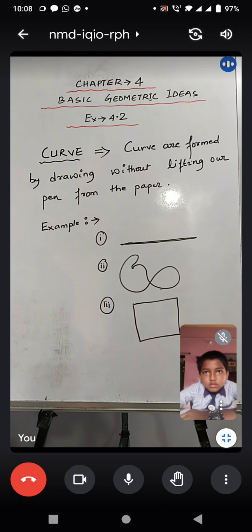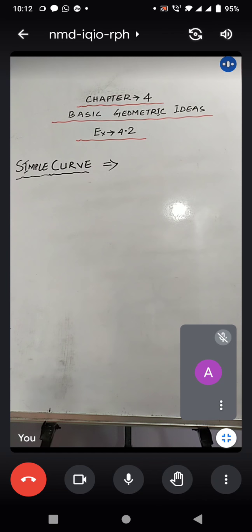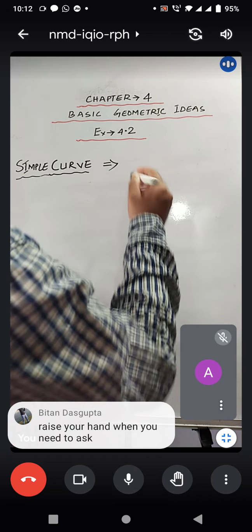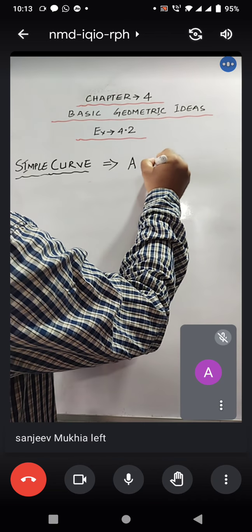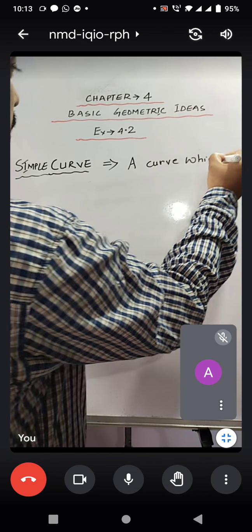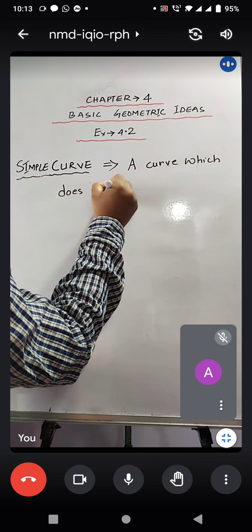The next definition that we'll try to understand is the simple curve. Now what is a simple curve? A curve which does not cross itself is called a simple curve.